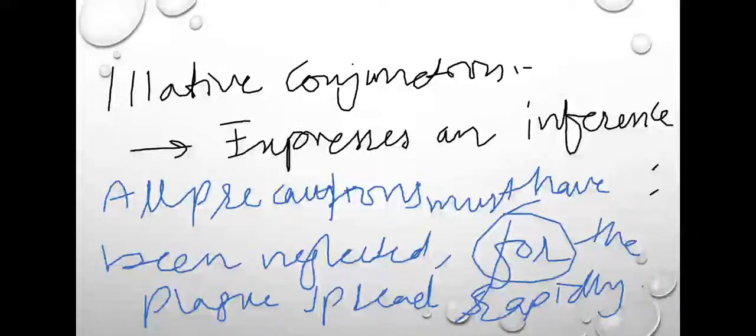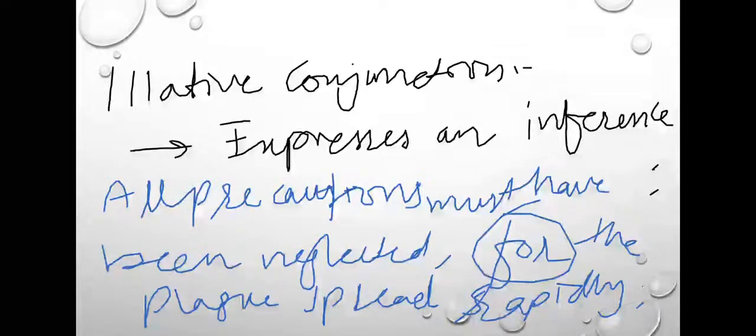Most of the time we could use "for" to express an inference, like all precautions must have been neglected for the plague spread rapidly. Okay, this was so simple, so I won't give more examples.